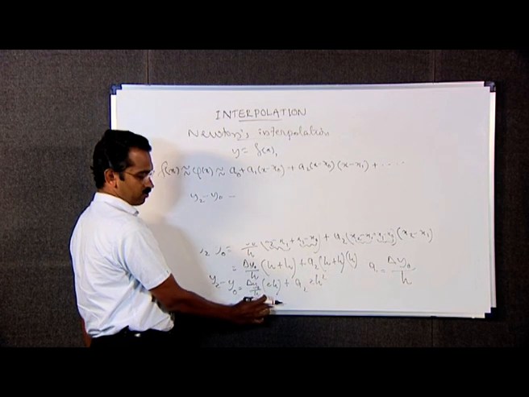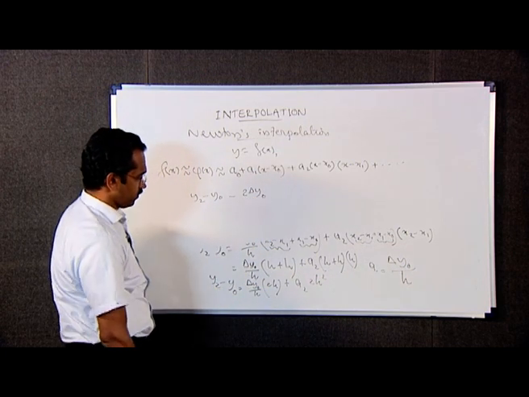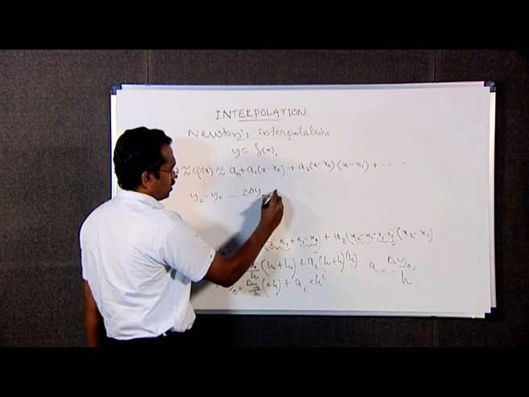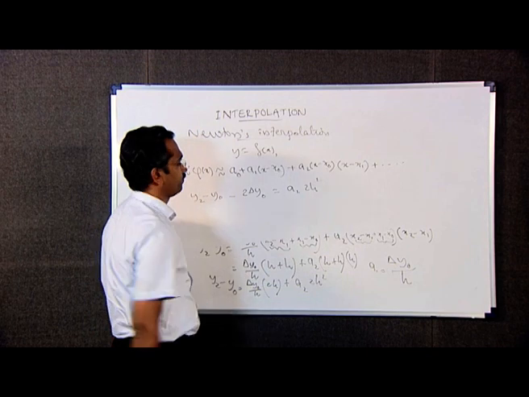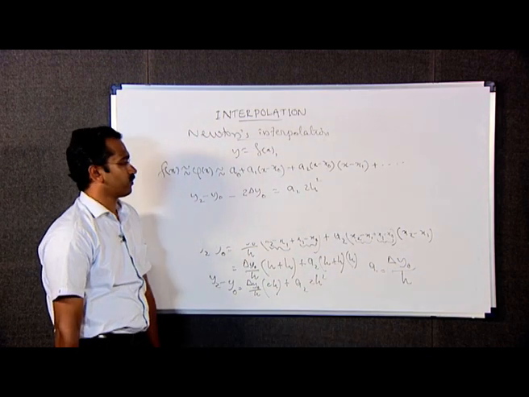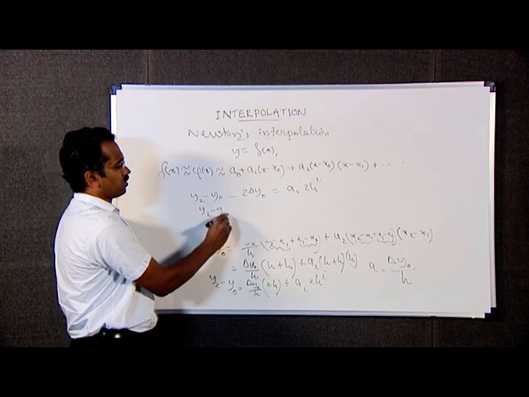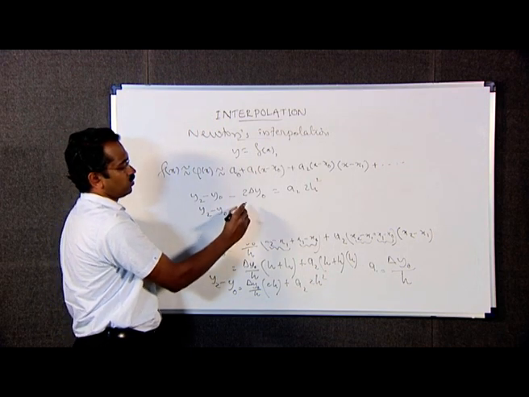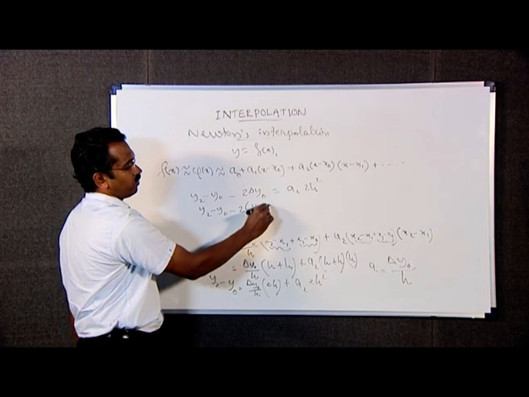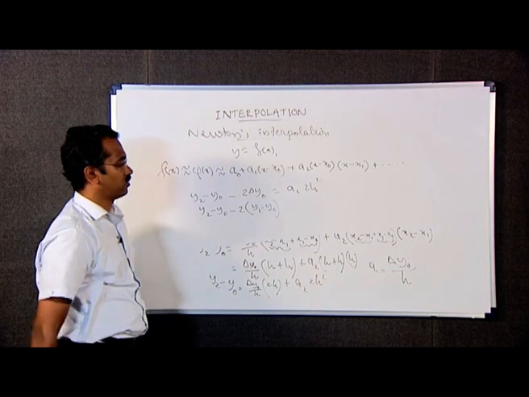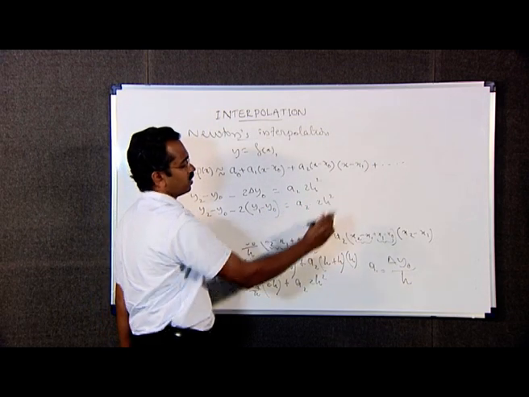This term will become 2 delta y naught, is equal to a2 into 2h square. That is, y2 minus y naught minus 2 times delta y naught, where delta y naught is y1 minus y naught, is equal to a2 into 2h square.